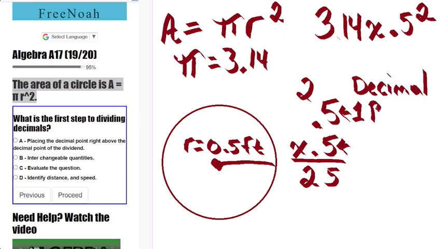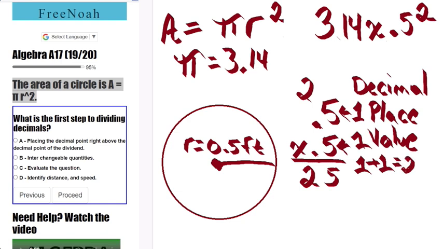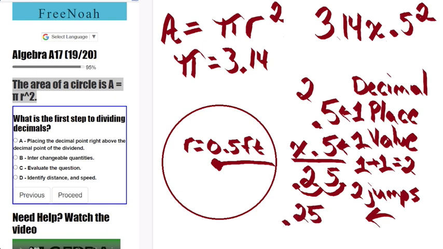Recall that the decimal place value is the amount of place values on the right side of the decimal point, and we simply add them to obtain how many jumps from right to left. So we have 1 plus 1, which equals 2. That entitles us to 2 jumps from right to left: 1, 2. So now we have our new decimal placement.